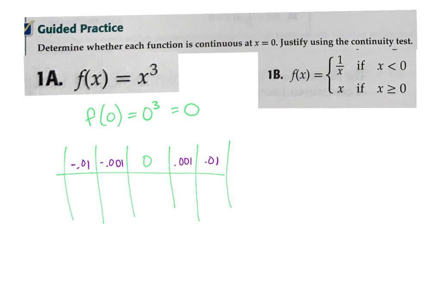So what happens when I plug in 0.001? What happens there? What is that cubed? It's going to be this crazy, yeah, it's going to be this guy. We should have 9 decimal places, if I'm counting correctly, something like that.